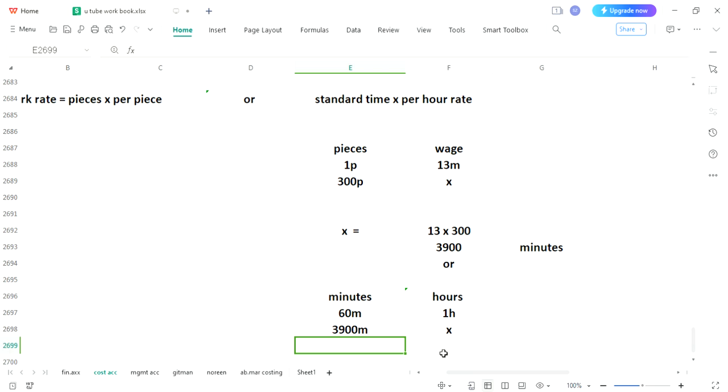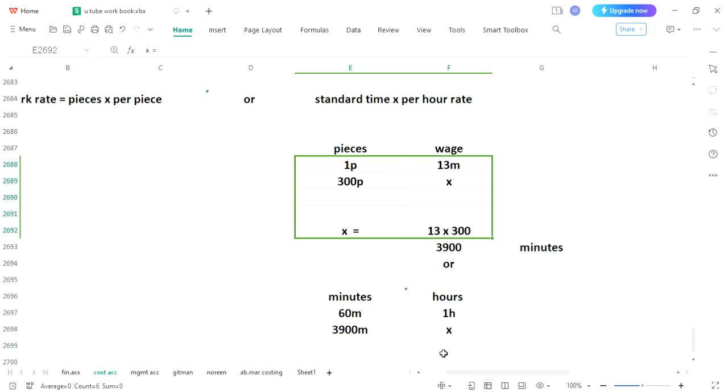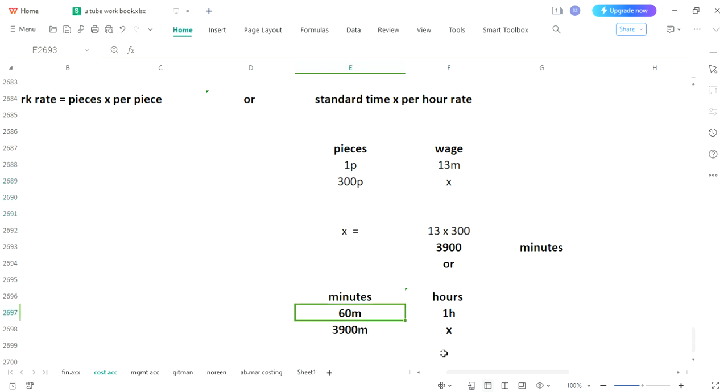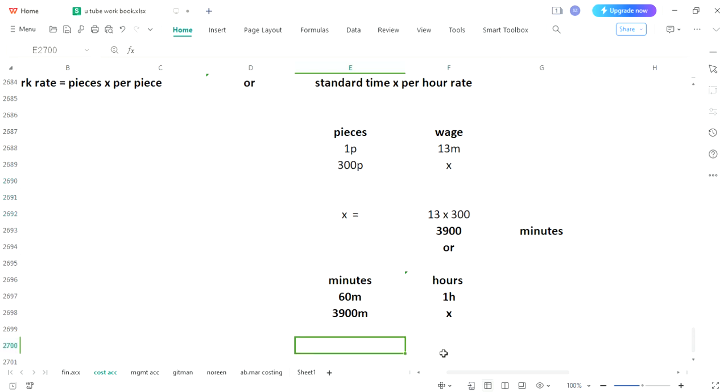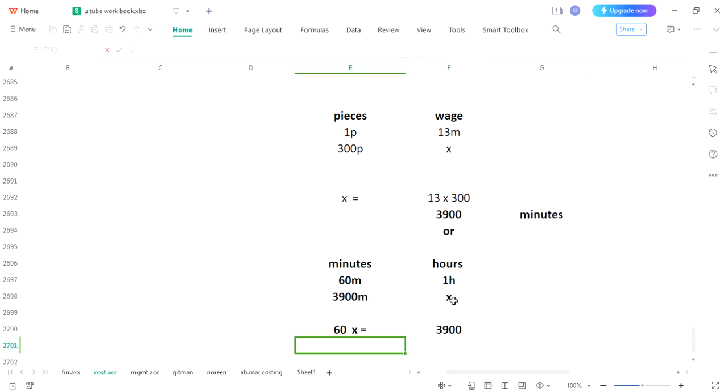This was easy to calculate directly as well, but I am letting you know everything can be calculated through unitary method. So here x would be multiplied by 60, you will get 60x, and 3900 would be multiplied by 1, so we will get 3900.